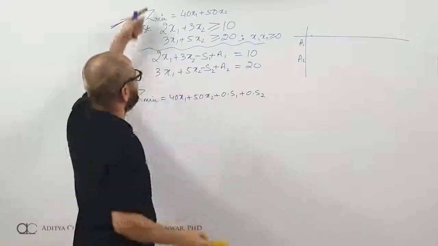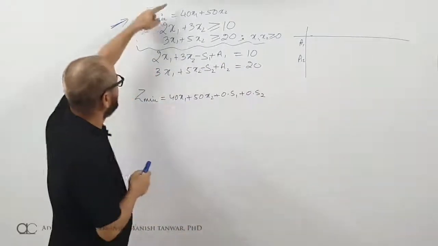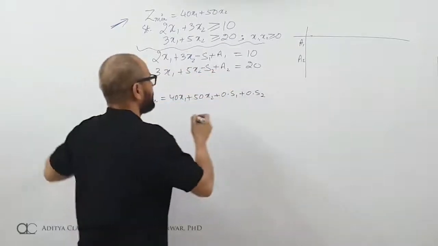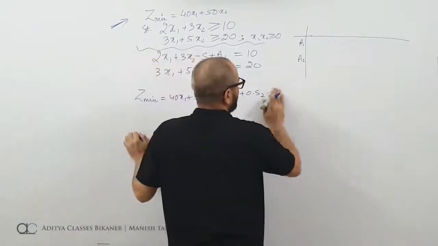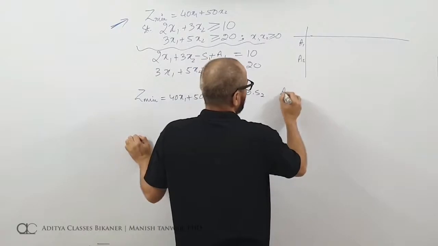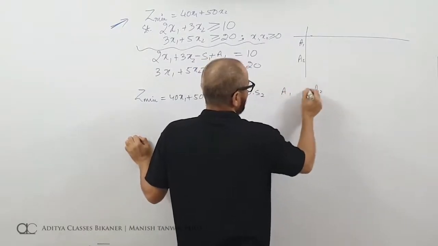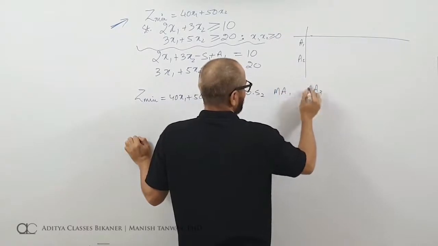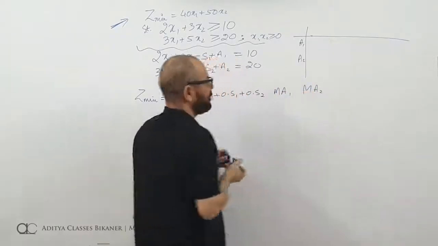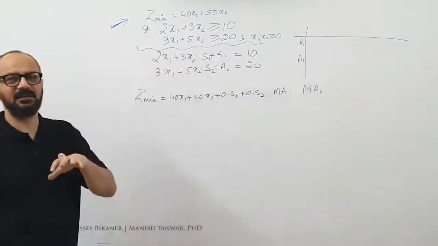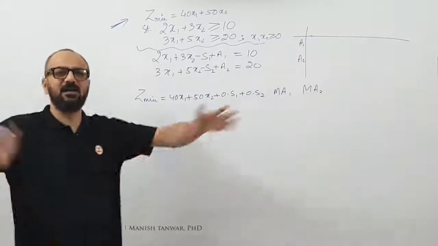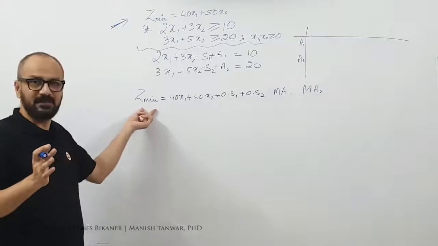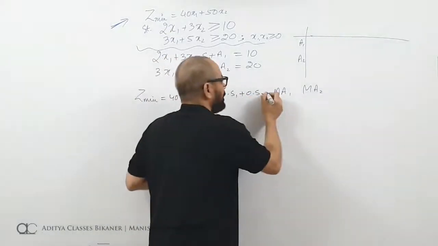Okay, this is the objective function. X have come, surplus variables have come. Now, we have decided that I will multiply this a2 by a very large positive integer, and as it is a minimization problem, I will make it positive.